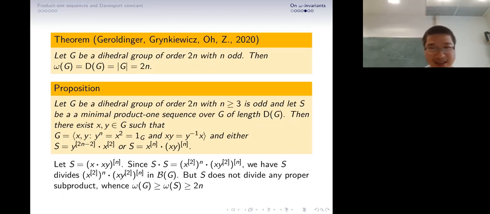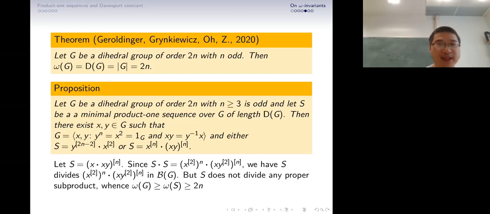We do not consider n even, since the Davenport constant of G equals the order of G if and only if G is cyclic or G is isomorphic to a dihedral group of order 2n with n odd. So if n is even or odd, they are very different.